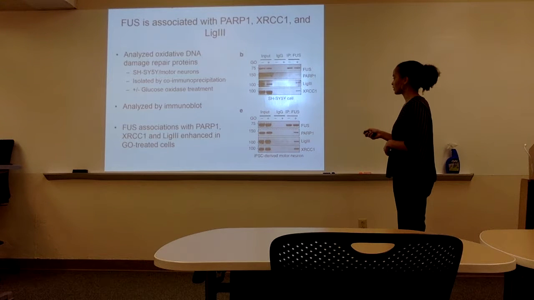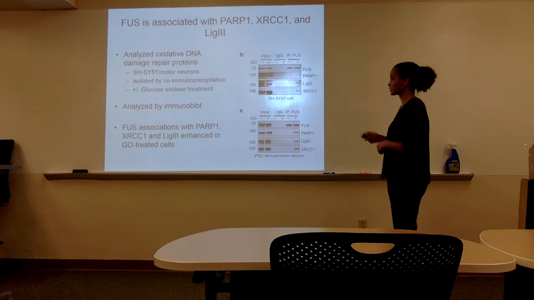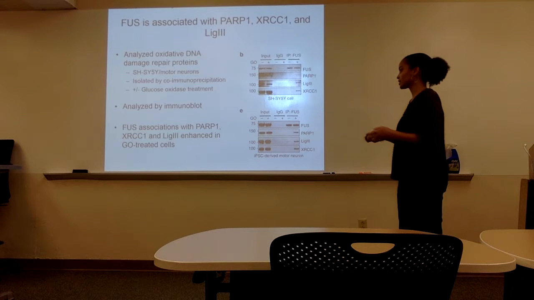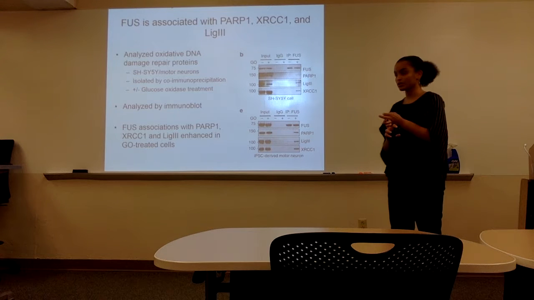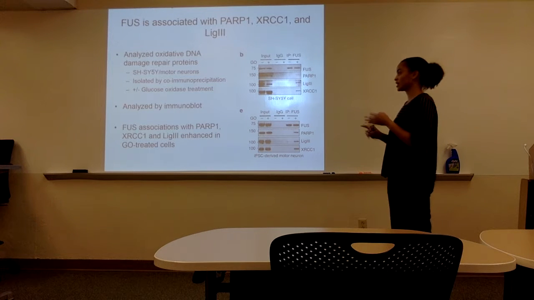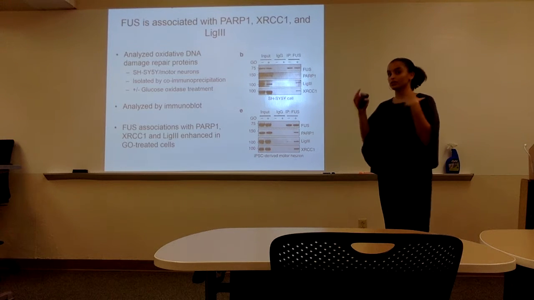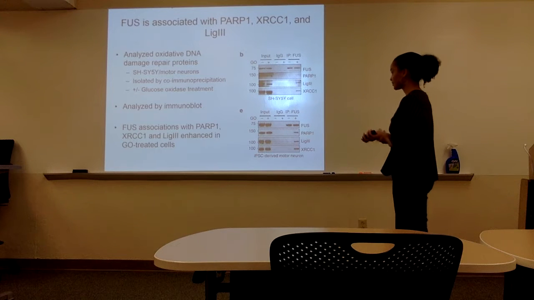But if you look under the positive for glucose oxidase treatment, you can tell that there is greater presence of those proteins. So what they found was that FUS association with PARP1, XRCC1, and LIG3 was enhanced in the glucose oxidase treated cells.